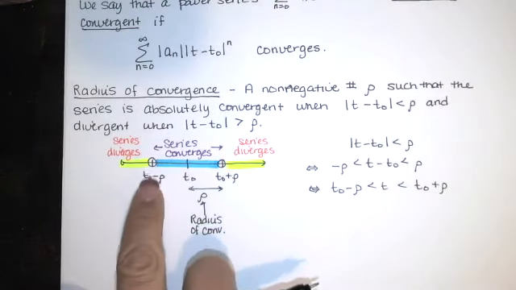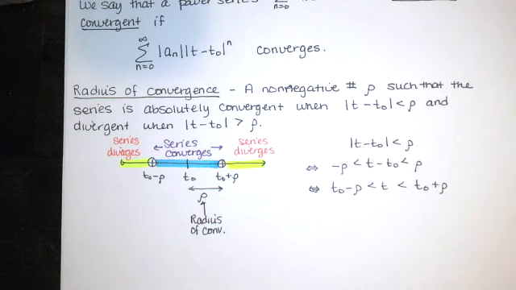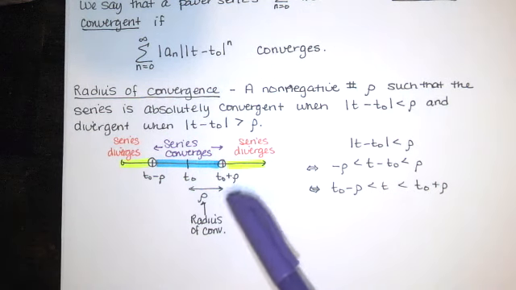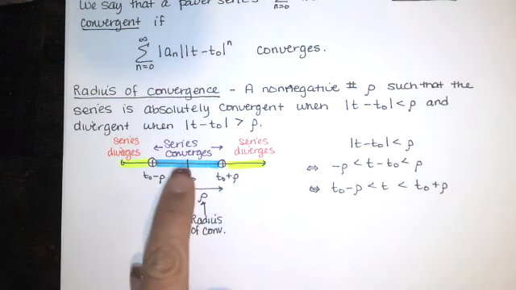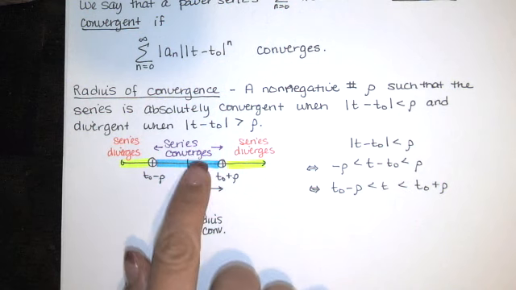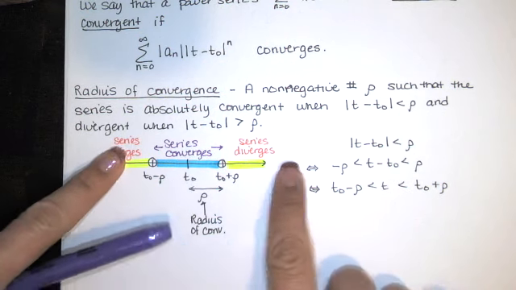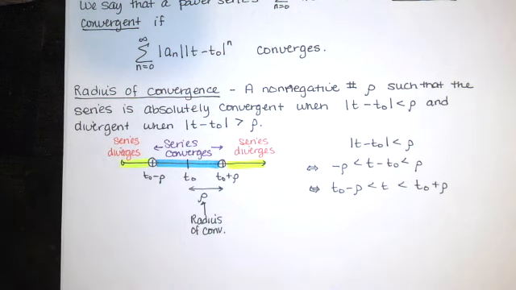Now, notice I didn't say anything about this endpoint or that endpoint. That's questionable. If we know what our radius of convergence is, we know that our series converges on this interval and diverges outside the interval, but what happens at the endpoints is questionable.